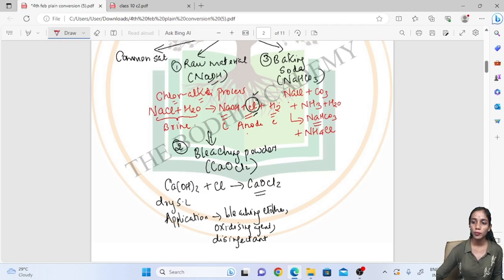Now why do we use baking soda? Baking soda is mostly used in the kitchen for making crispy pakoras. What is the application of this? This is very important.